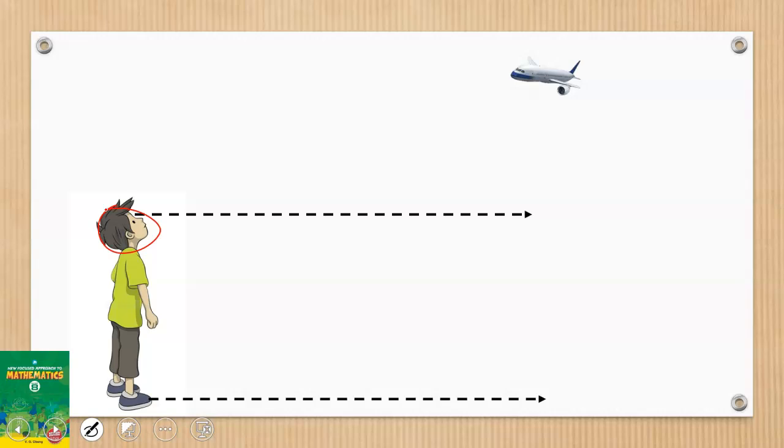Now, because you are looking at an object up, like this boy is trying to look at a plane up there, he has to raise the head or the eye to observe the airplane. There is an angle existing between the normal sight and the elevated eye.